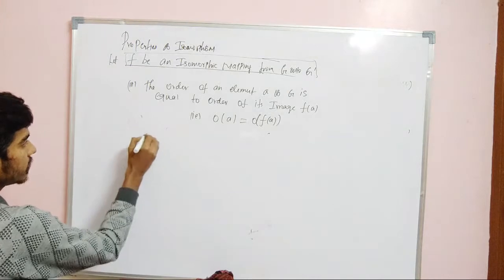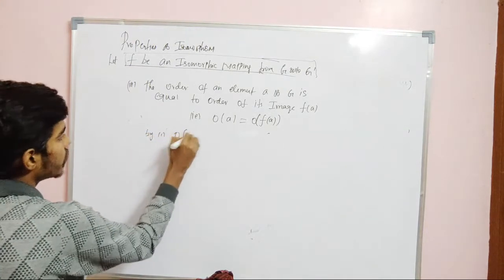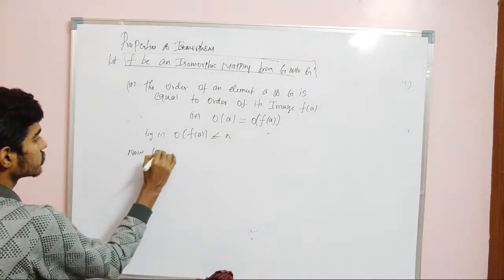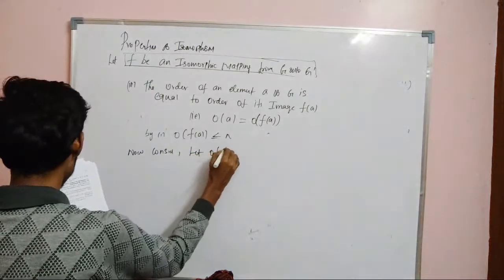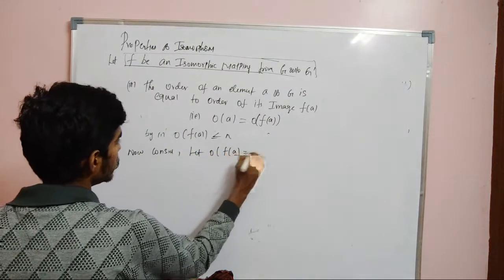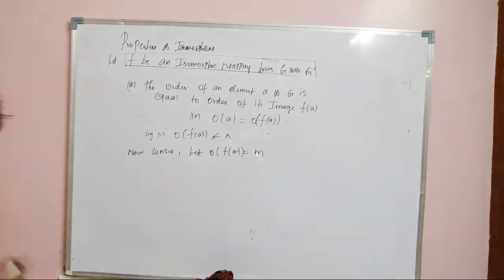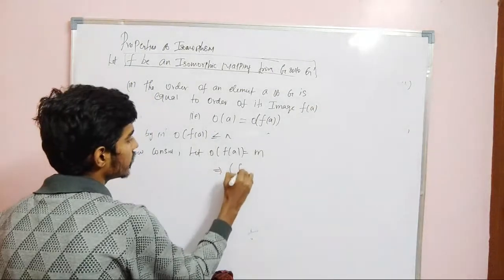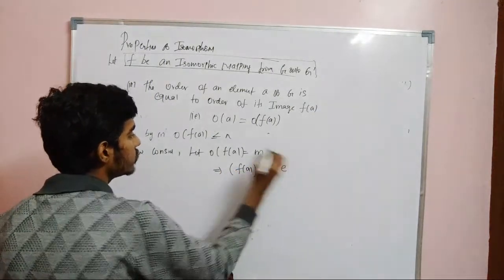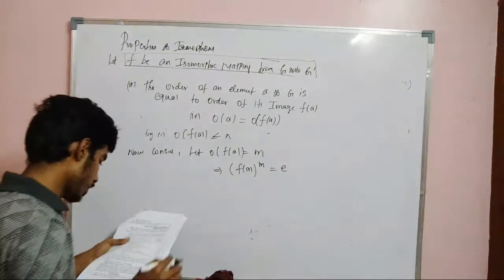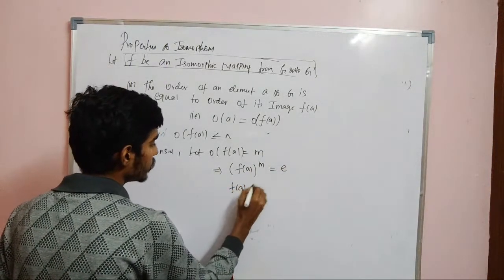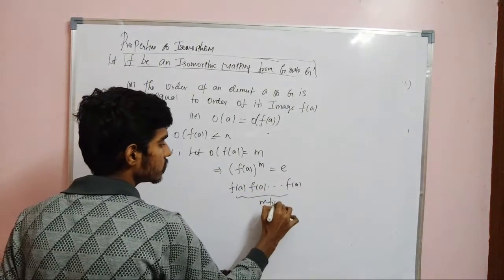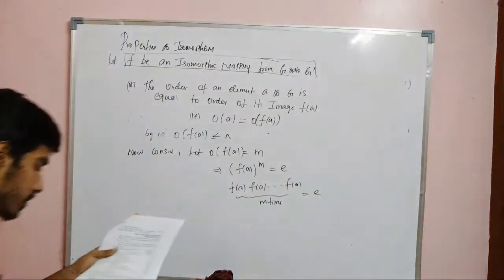So from equation 1, we have order of f of a less than or equal to n. Now let the order of f of a be equal to m. From this, what can I conclude? f of a whole power m is equal to e, that is, f of a, m times, is equal to e.